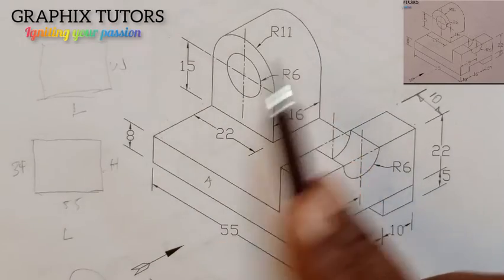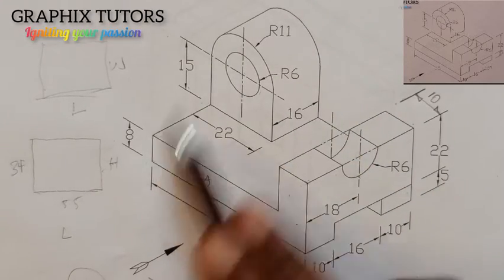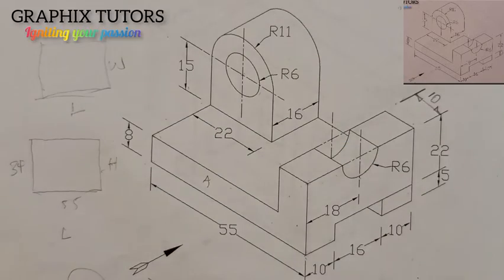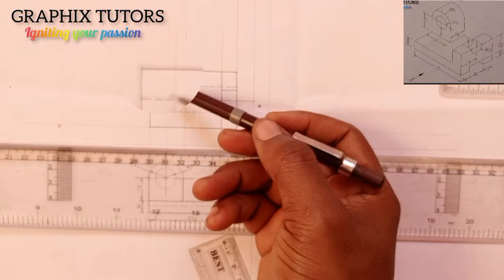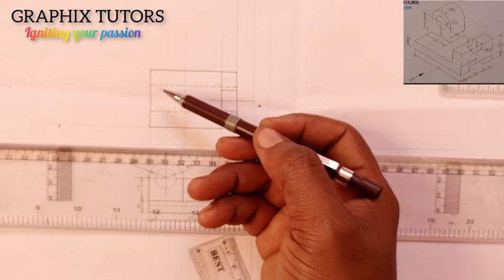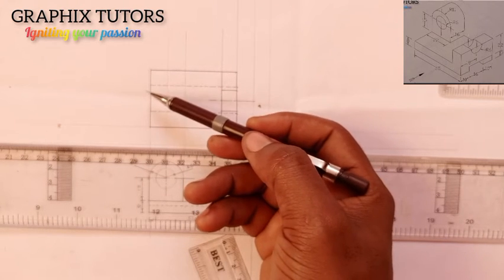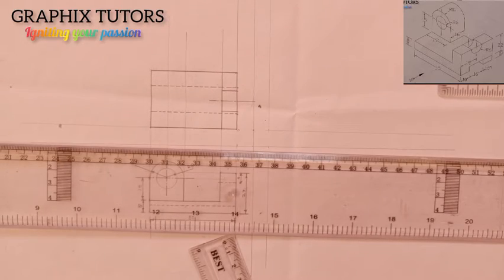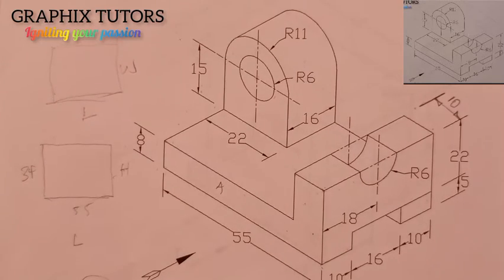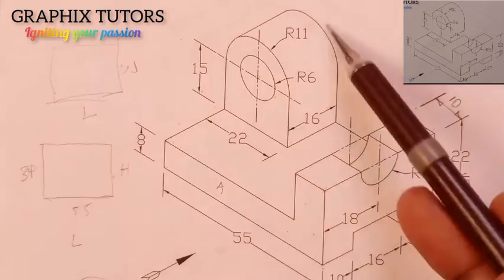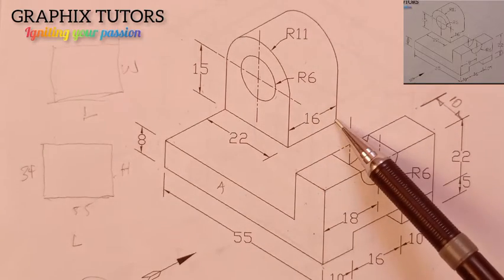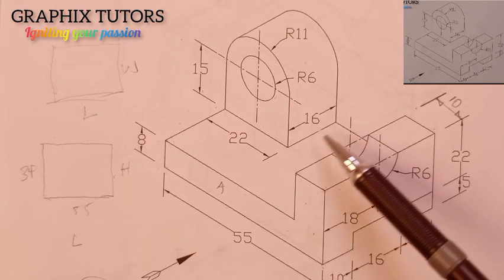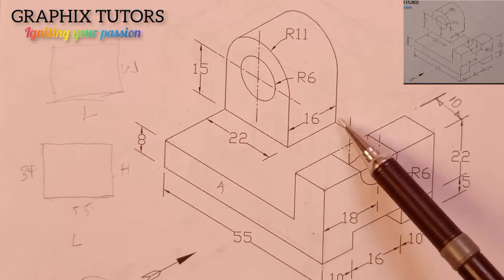If that point is this point, so this part is at the other end, which is this end here. So it's starting from here, this end. So what I will do is this. I will know the thickness of that figure. Which figure? This figure here. So from the ending of that line, I'll measure 16 downward. 16 downward, right?